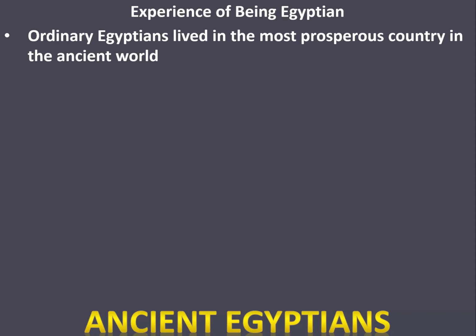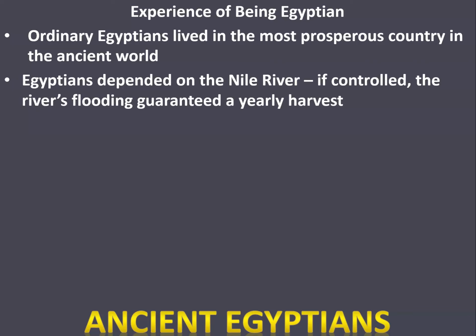And so that's really going to color and shape their worldview and their outlook on life. If we were offered by aliens to travel back in time and plop anywhere we want in the ancient world in the BC years, we would want to pick Egypt because again, of how prosperous, how easy life is for the Egyptians.